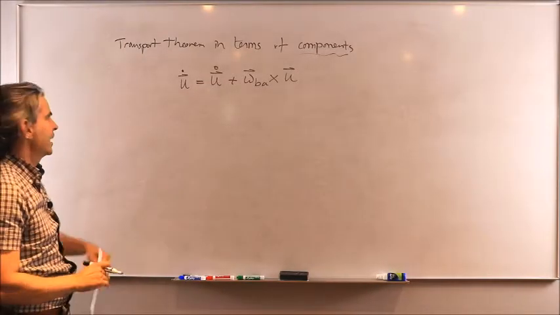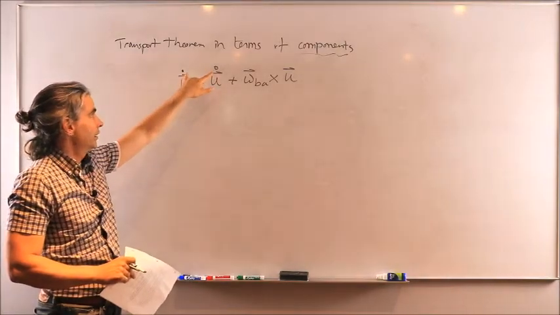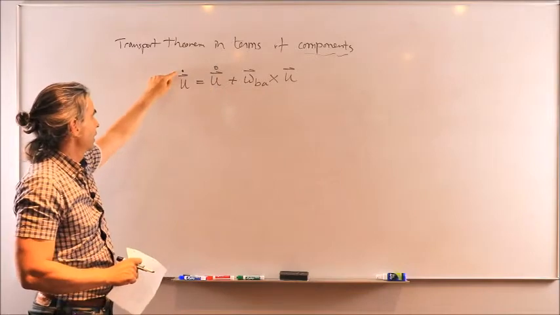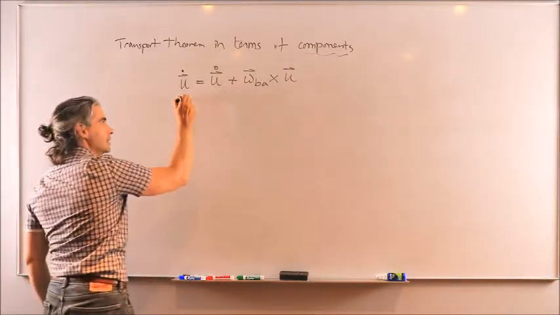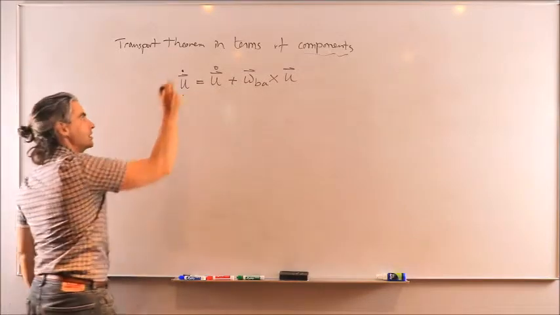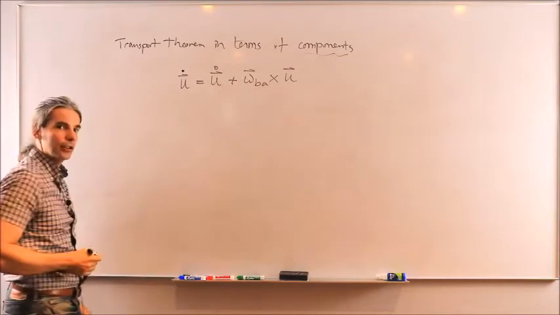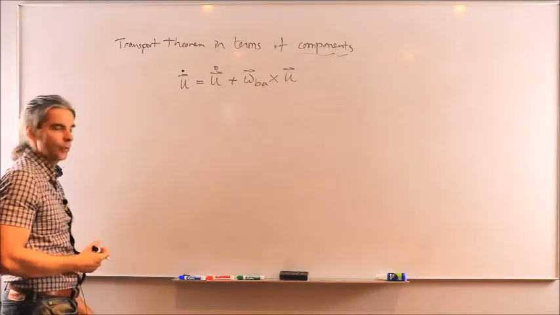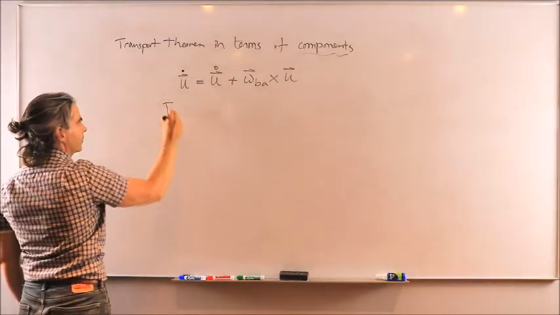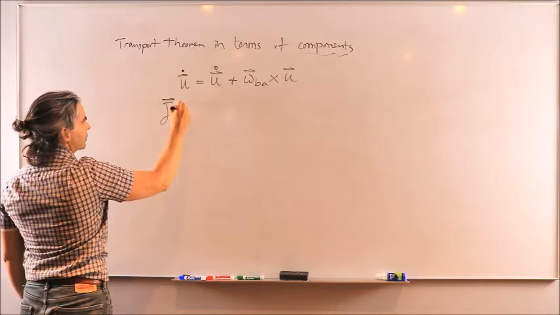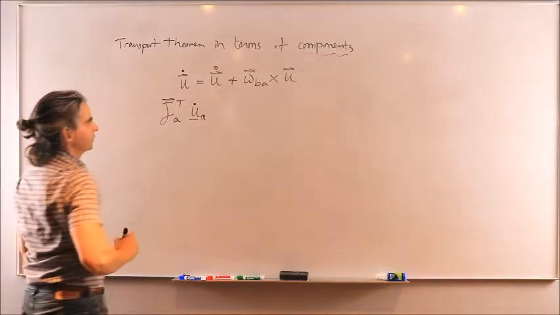Well, the catch here is that because we've introduced two different over-dot symbols, the solid dot and the hollow dot, we have no choice but to express this in the inertial reference frame, because this is what the solid dot forces us to do. It has to be the inertial derivative, so it has to be expressed in the inertial reference frame, which happens to be reference frame A in our example. So let's write it down. Just like that. Okay?